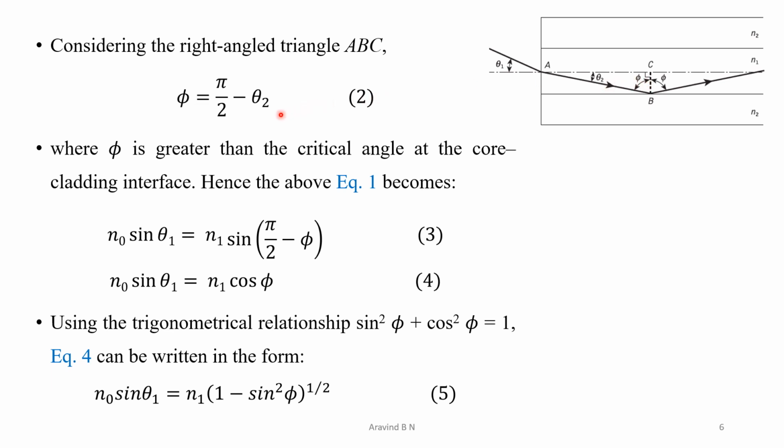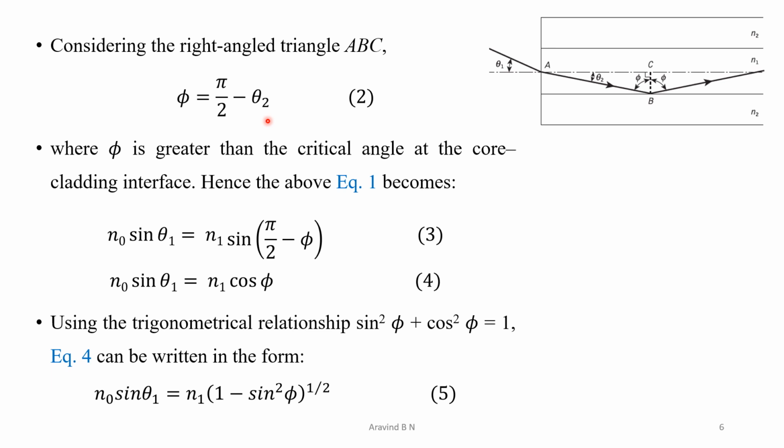So that has been represented over here. Now rearranging this expression to find the representation for theta 2, we can simply write theta 2 equal to pi by 2 minus phi.